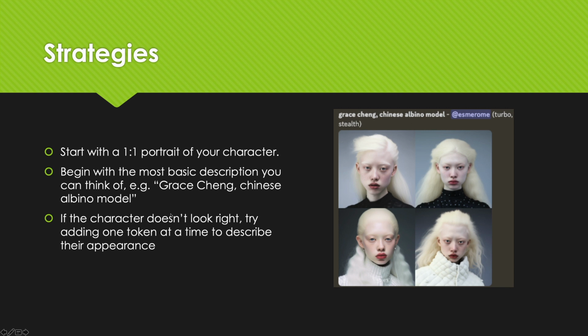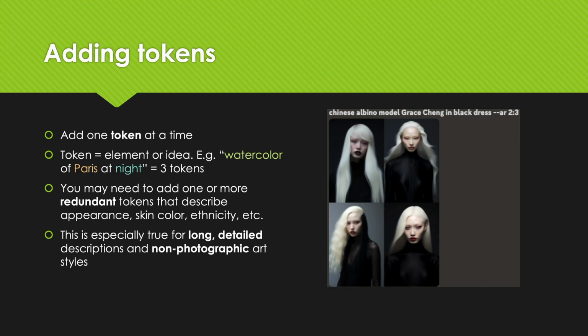And if the character doesn't look right, try adding one token at a time to describe their appearance. You can be redundant. You can add the same token in slightly different words. Remember what we did with the all-white bull terrier in a previous lesson, where we added multiple ones. You can try adding square brackets or parentheses to emphasize part of the prompt, but you can add tokens.